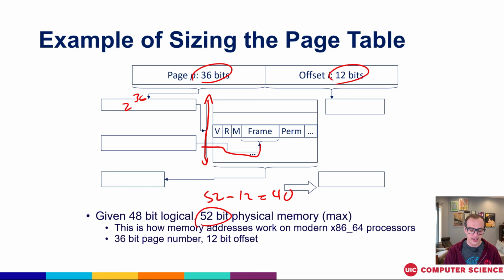So this one right here is going to be 40 bits because we know how big the physical memory is, and we need to talk about every single physical page number that could ever possibly exist. If it's a 52-bit address space and 12 bits are taken up by the offset, that means we've got 40 bits left over for the physical page number.